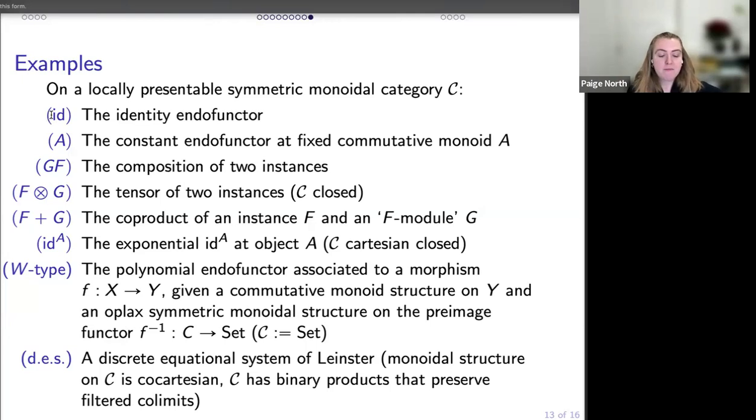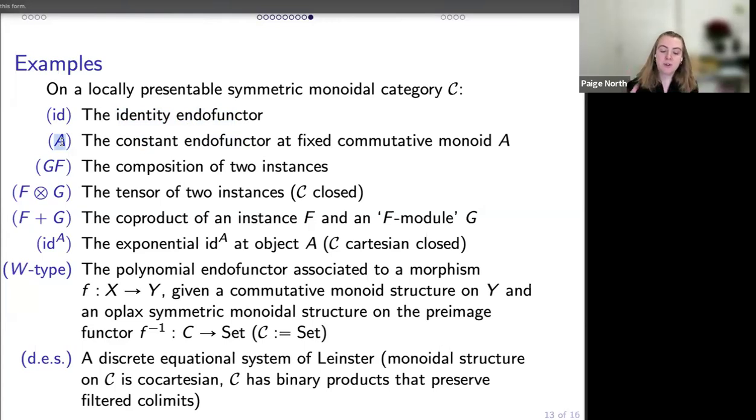So now I want to just say quickly what all the examples are, at least the ones that we thought of. So we have always the identity endofunctor, but it's not something very interesting. When we have a constant endofunctor, then we need a commutative monoid structure on the value there, a.